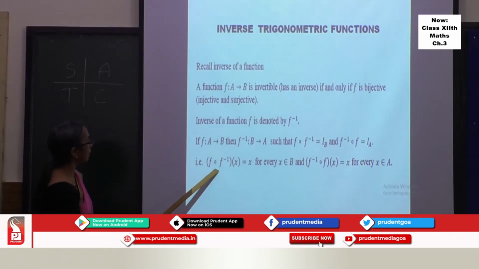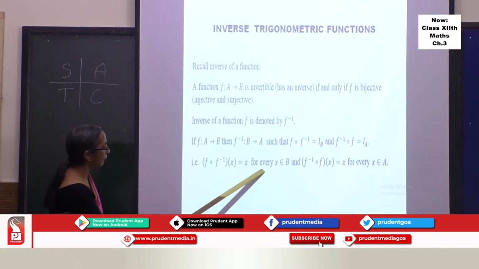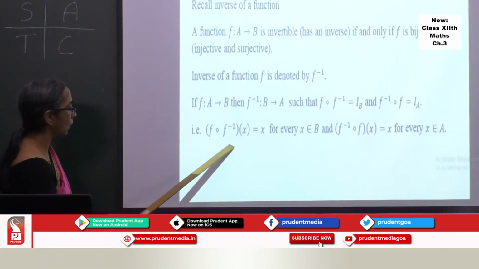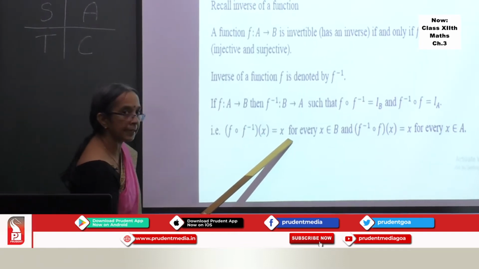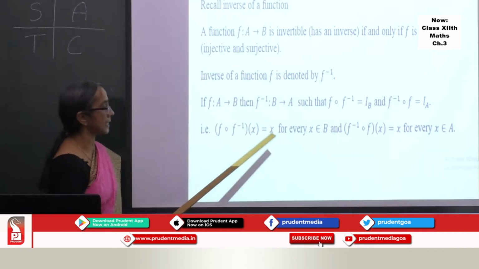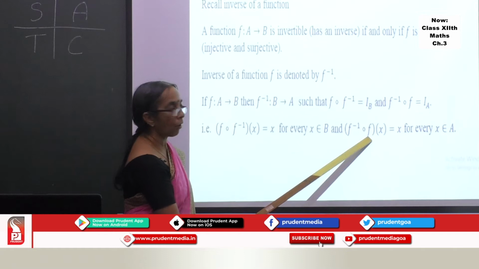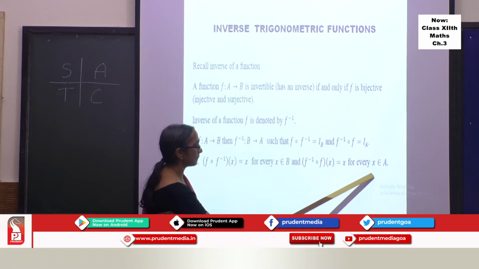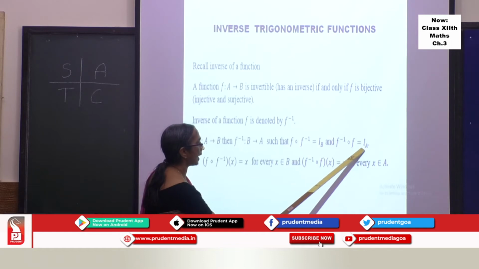Here, f composition f inverse of x is equal to x for every x in B. Therefore, it is called identity function on B. The image of every element of B is the element itself. And similarly, f inverse composition f of x is equal to x for every x belongs to A. Therefore, it is an identity function on A, I_A.